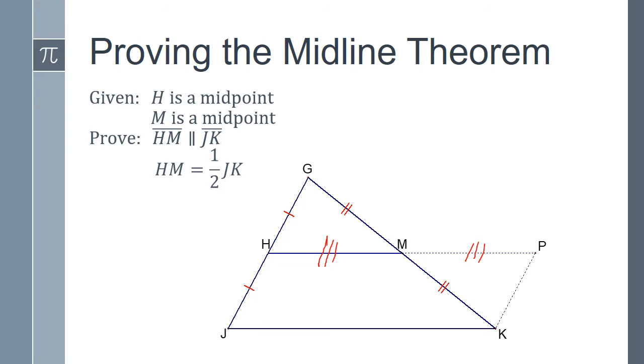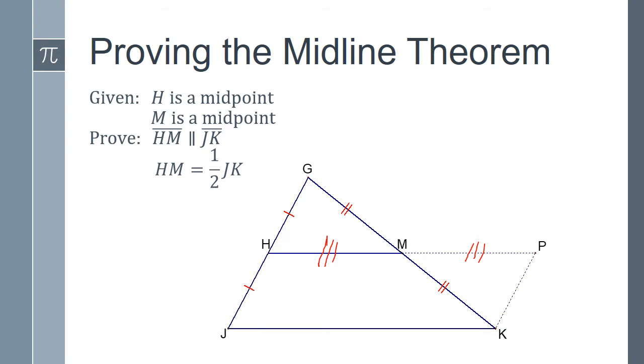Now we know that GM is congruent to MK by definition of the midpoint, and GH is congruent to HJ by definition of midpoint.